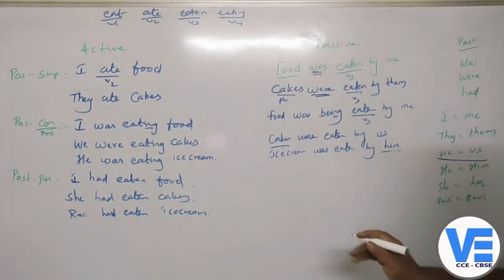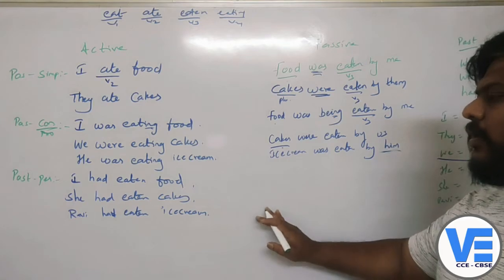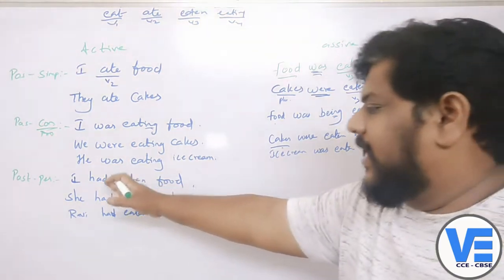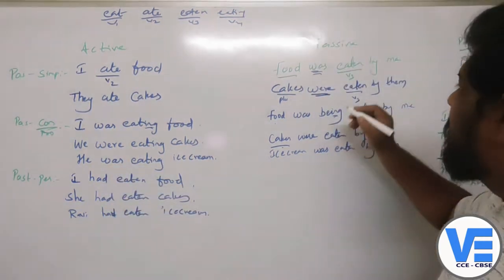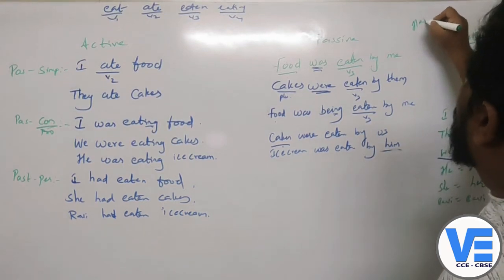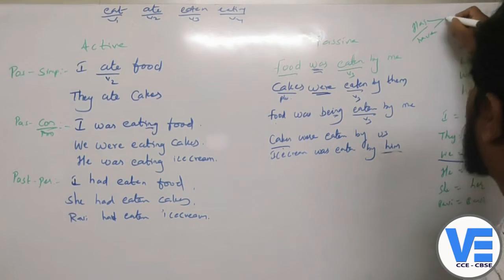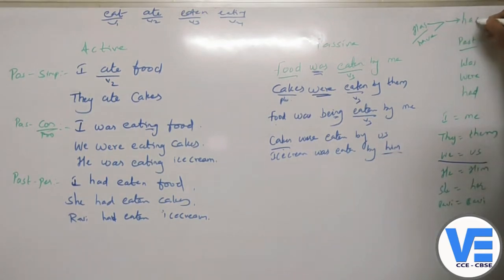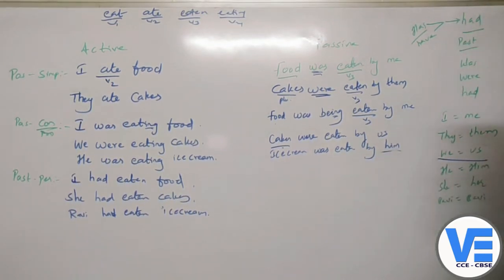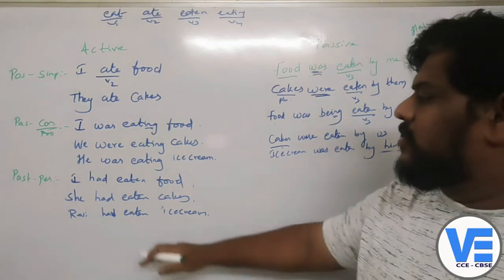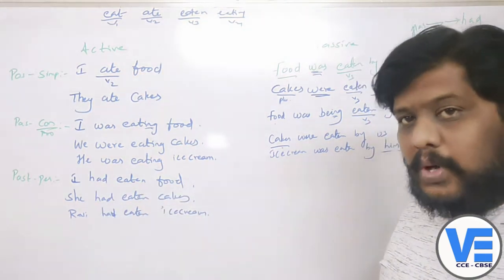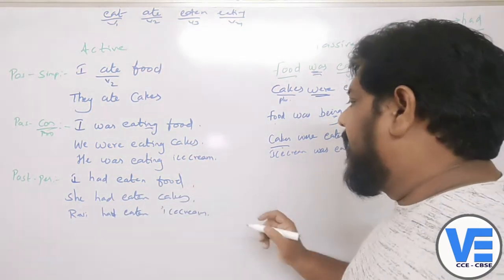Basically, whether it is singular or plural, you will only use had, because in the present tense we had the choice of using has or have, but here the past tense of both words is had. So we don't have another choice rather than using had as a helping verb here, right? I had eaten food.